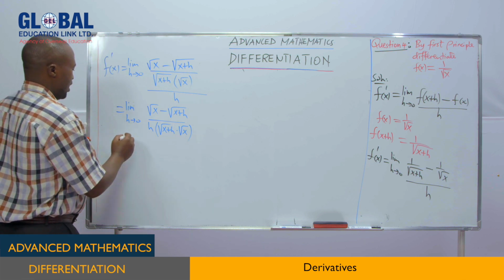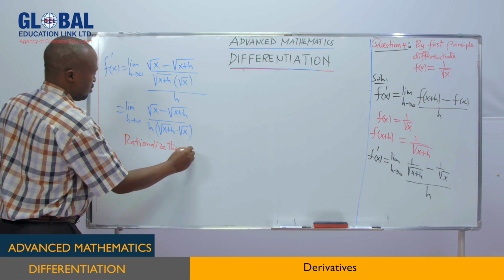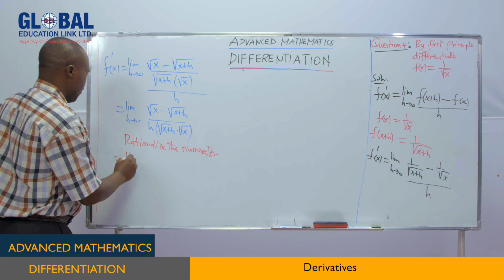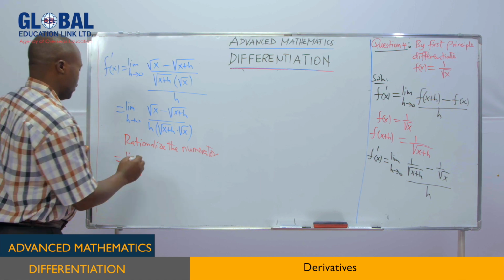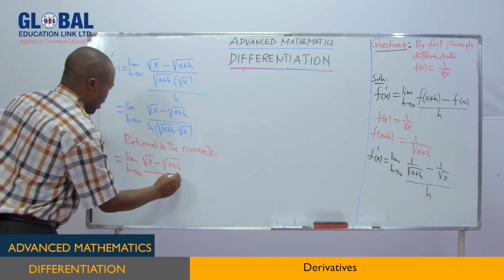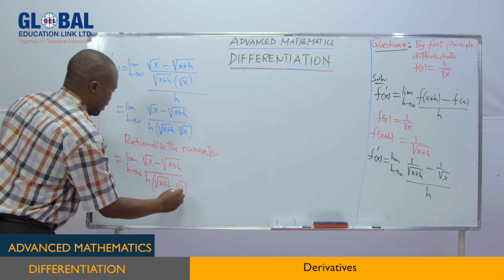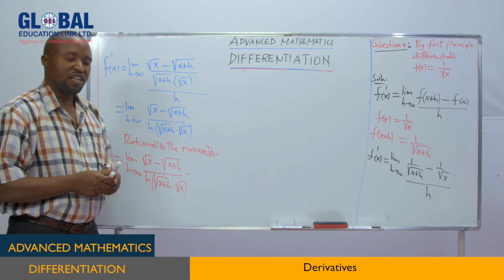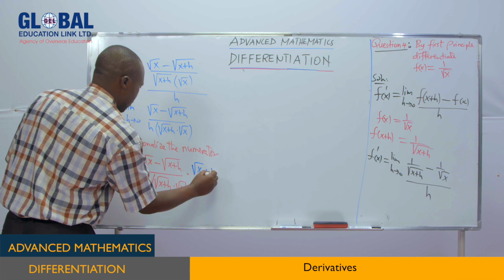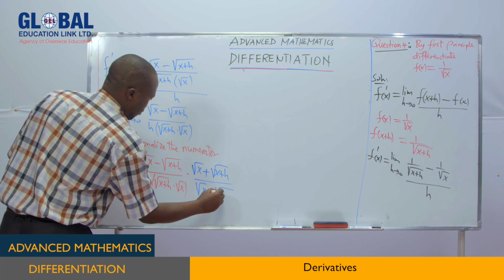So we are going to have the limit of, as h approaches to 0, the square root of x minus the square root of x plus h over h, then we have the square root of x plus h, then the square root of x, times, now our rationalizing factor will be the square root of x plus the square root of x plus h over the square root of x plus the square root of x plus h.